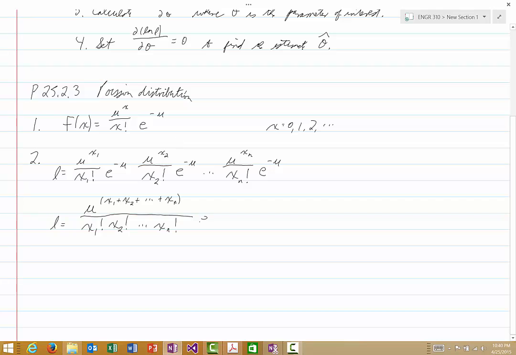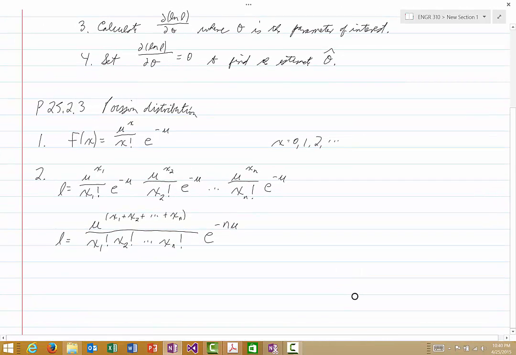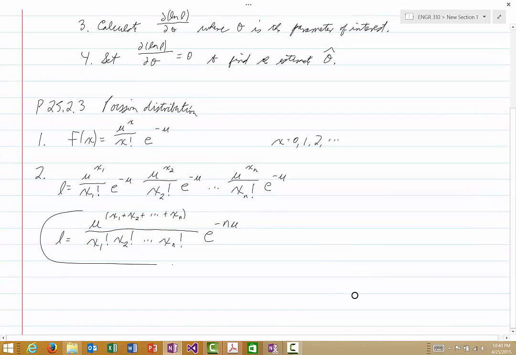So we have e to the minus n mu. And that completes step 2.